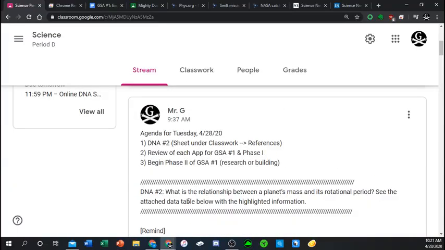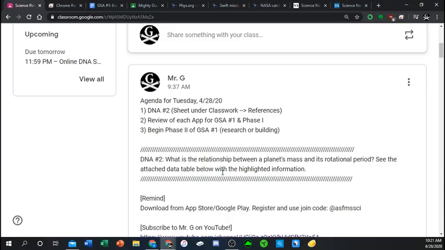And the relationship between a planet's mass and its rotational period seems to be negative. The higher the mass, the shorter the day. So if an exoplanet has really high mass, I'm going to assume it has a short day and it has high surface gravity.